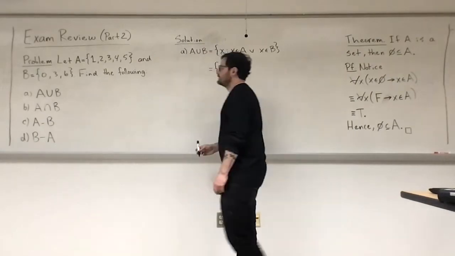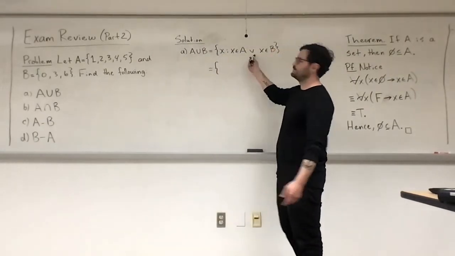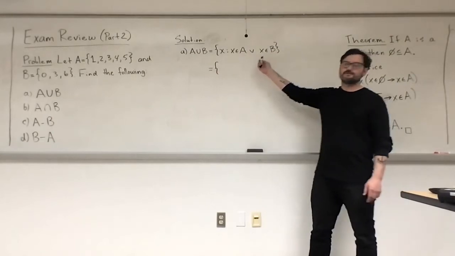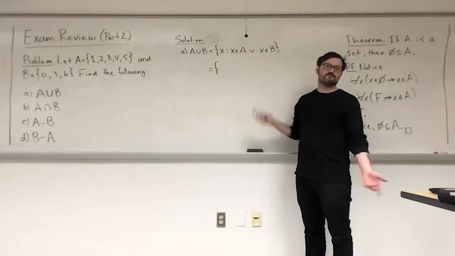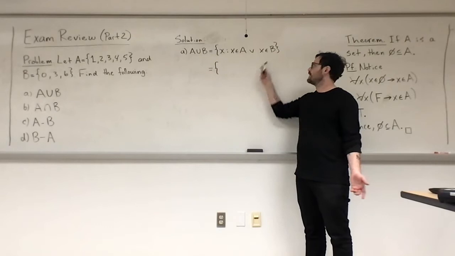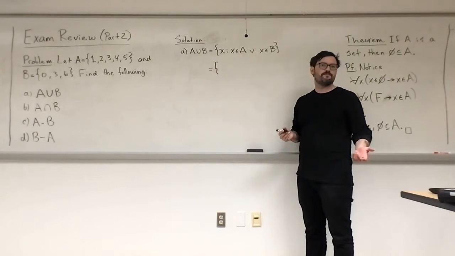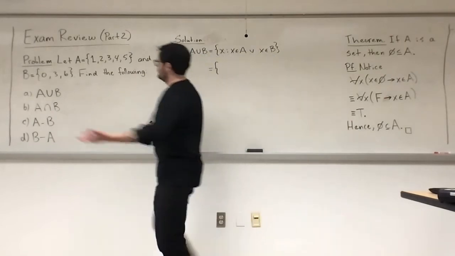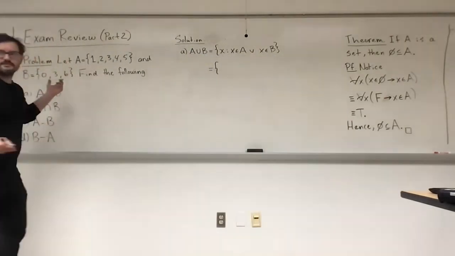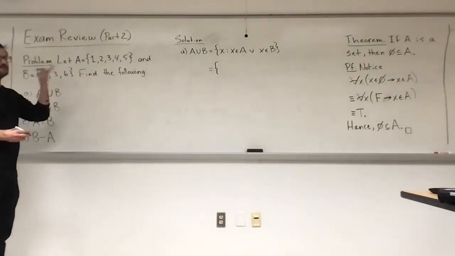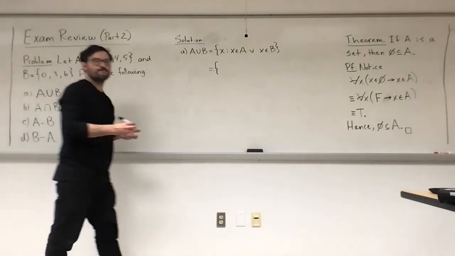So this is the disjunction, right? So if that's true, then the whole thing's true, right? It doesn't matter, if at least one of those is true, then it's true, right? Which means that everything from all of them is going in there, right?